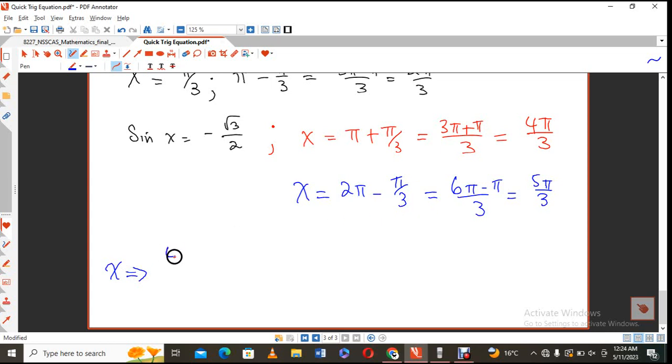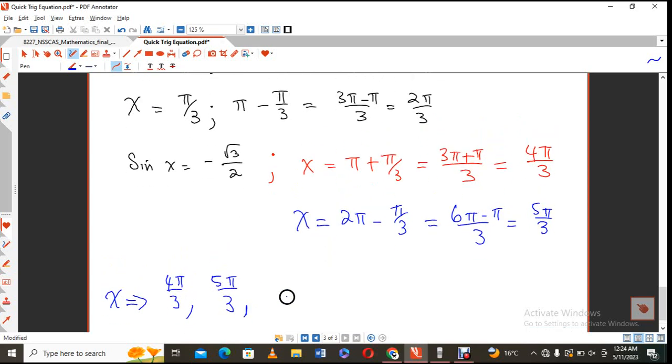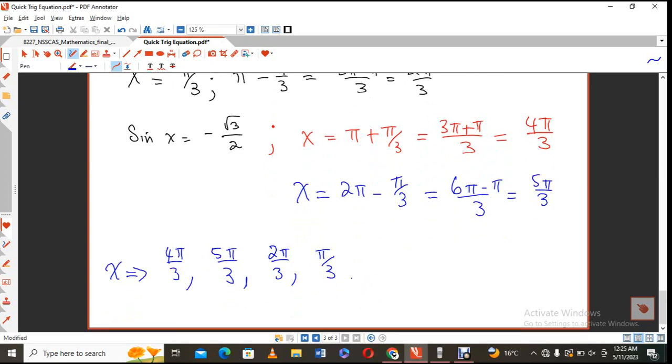I have 4 pi over 3, I have 5 pi over 3 as a solution, and also 2 pi over 3, and then I have pi over 3. I'm just going to write the other solutions underneath here, perhaps with a different color.